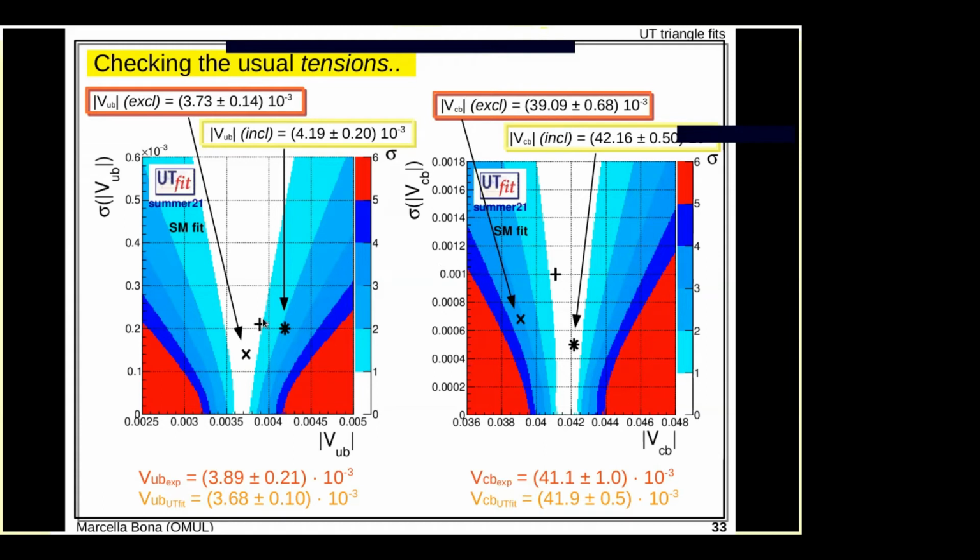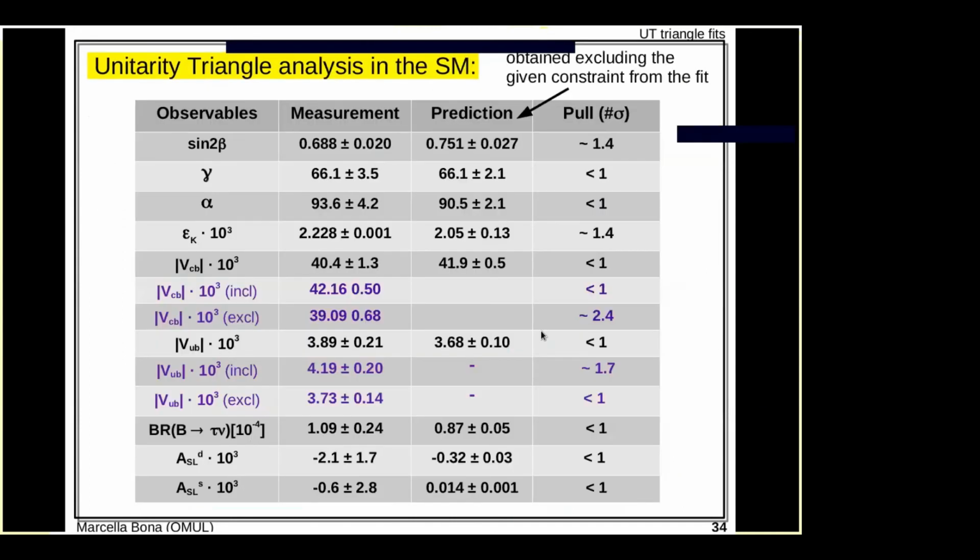This shows almost perfect agreement, of course, because I'm inflating the error to take into account the discrepancy. But then if you look at the various specific inputs, you see again the discrepancy that we saw in the 2-dimensional VUB versus VCB plot. So there's nothing new. It's just our fit giving back exactly what I already showed you.